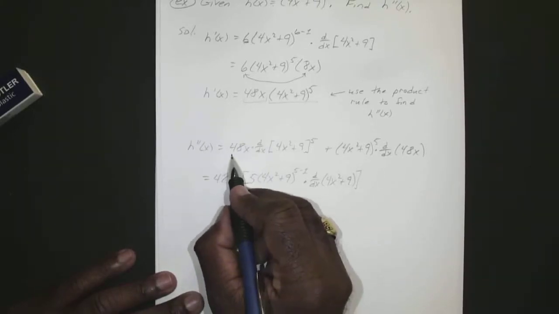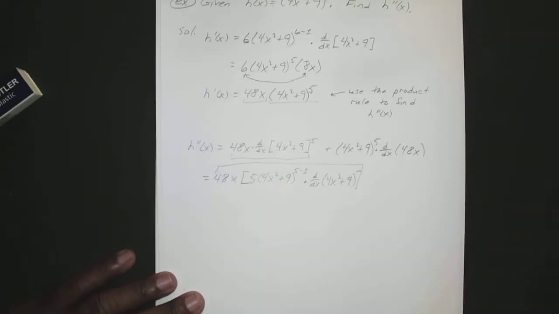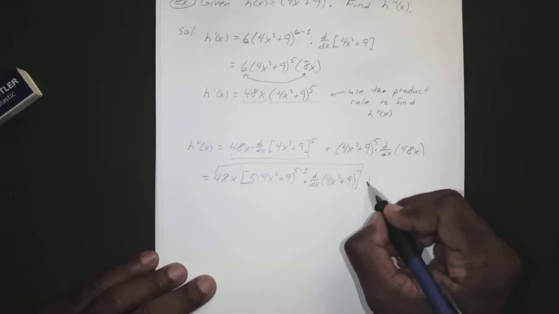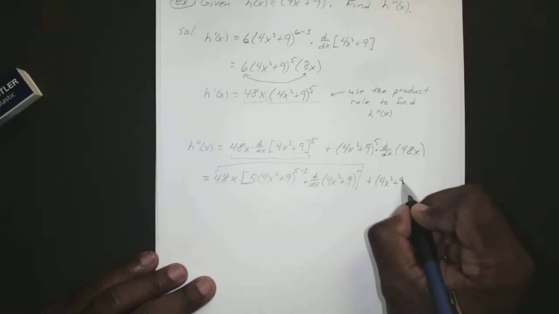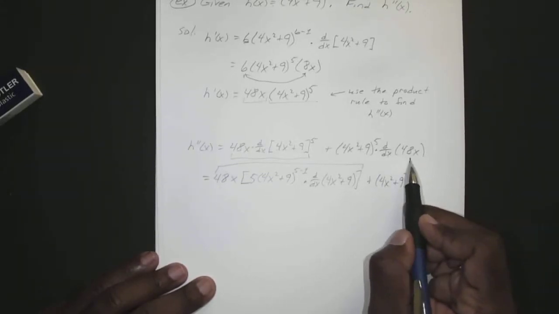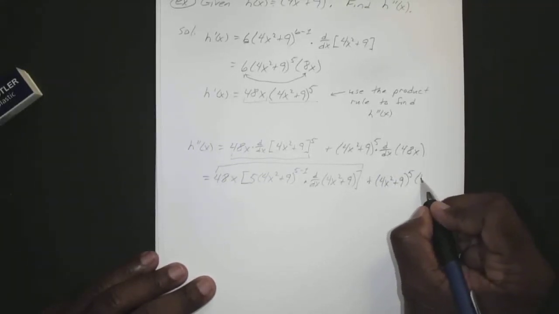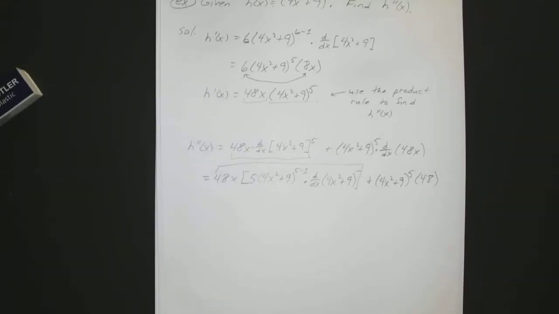Okay, so remember, this is just all of this. We haven't even done this one yet. Okay, so that's plus 4x squared plus 9 to the 5th times the derivative of 48x. That x just disappears, and that becomes 48. Okay.